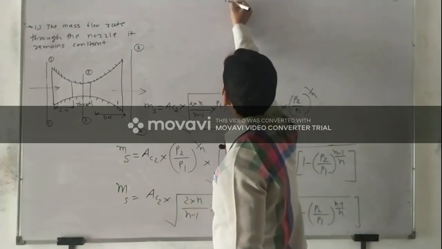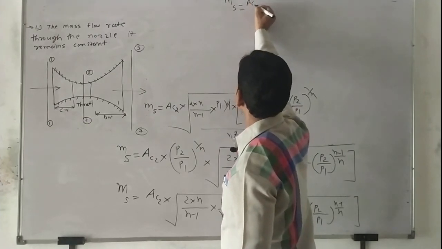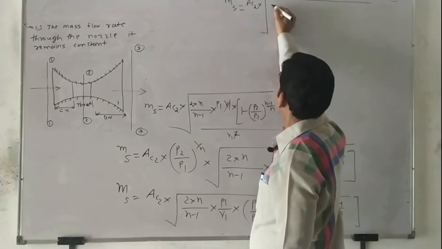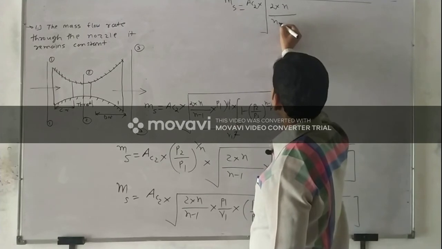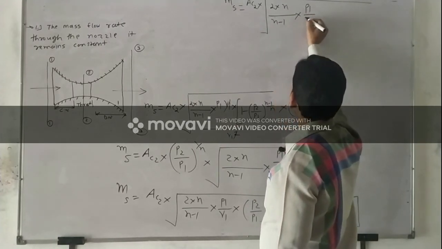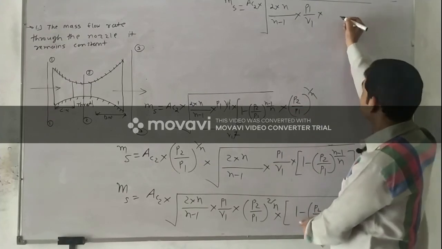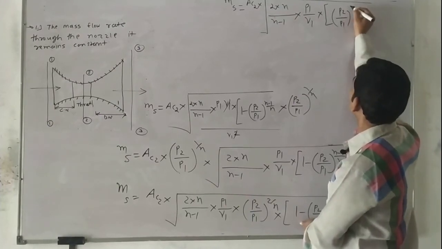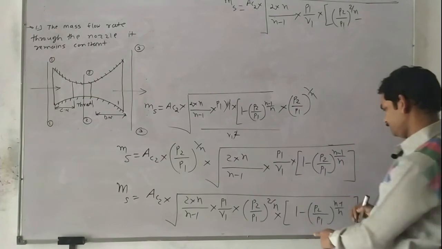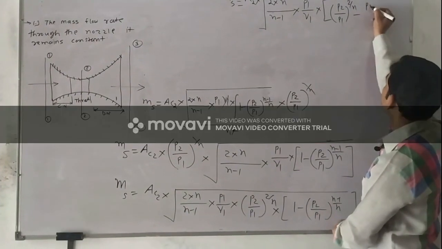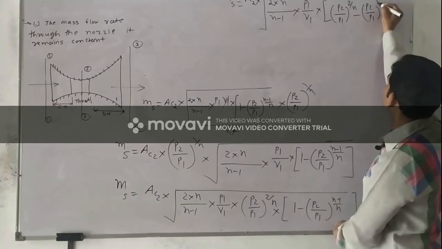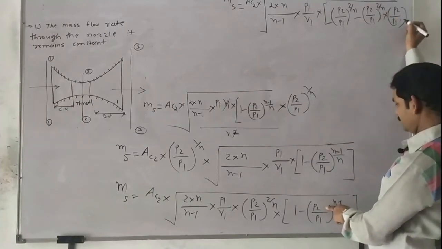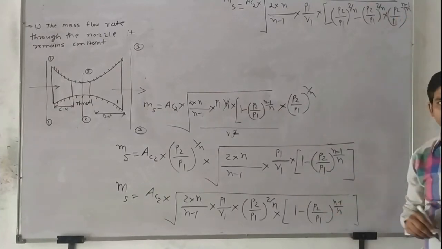See here, ms is equal to Ac2 under the root of 2 into n upon n minus 1 into P1 V1 into, you observe here, in a bracket P2 upon P1 to the power 2 by n minus, then multiplied with P2 upon P1 to the power 2 by n into P2 upon P1 to the power n minus 1 upon n.